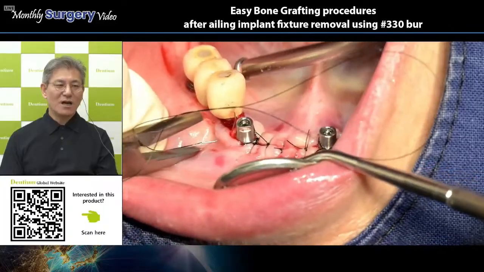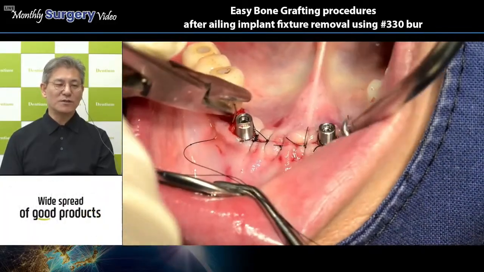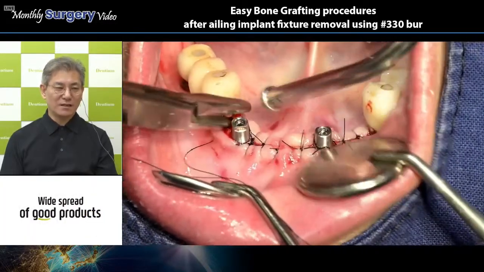Actually, this kind of procedure is suitable for an elder patient like this person.